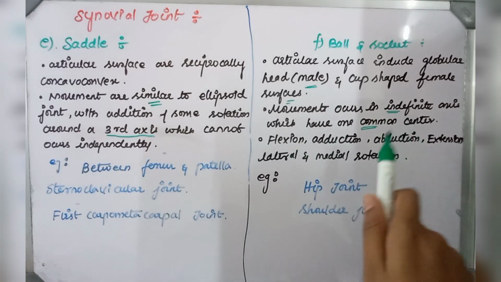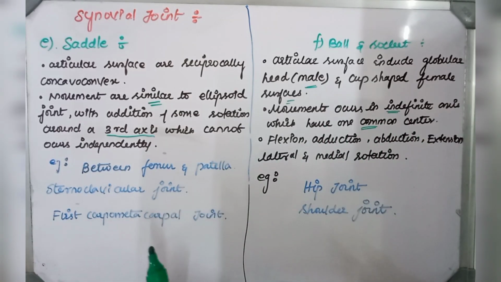Examples are the hip joint and the shoulder joint. So finally we have completed the synovial joints.